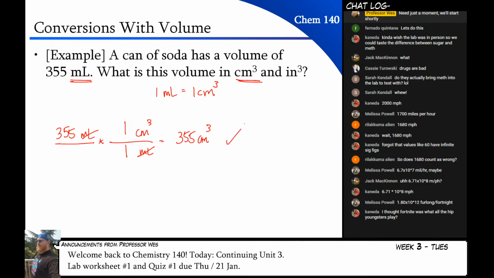But that's the answer. So what do we do for the next one then? Well, we can take the answer that we have.